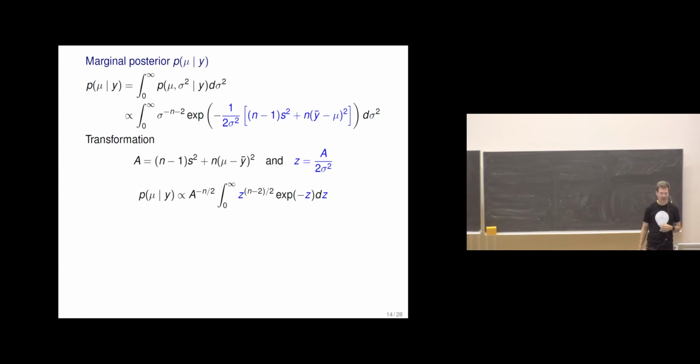Now we can write this integral in this way. Inside the exponential we just have minus Z. Before that there's Z exponentiated to something and the integral over Z. And because we made the transformation, eventually we also get outside of the integral this A to the minus n per 2.